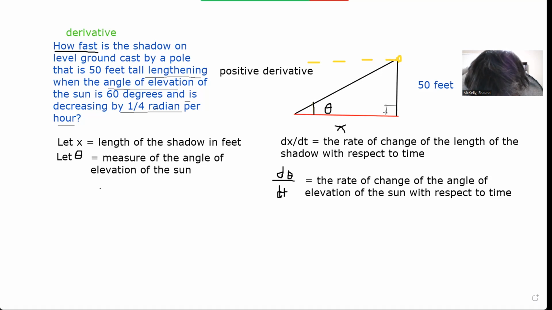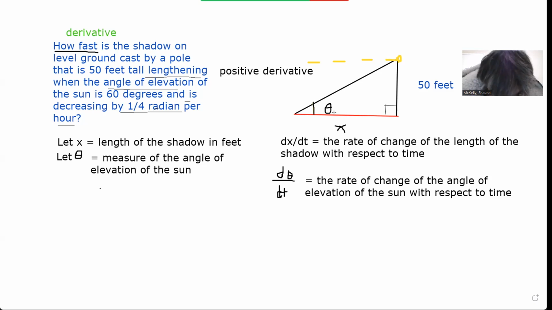Got my angle there. Now, your first thought might be Pythagorean theorem, but I don't have this length. I don't have the length that the sun is making with the ground. I don't know that. But I do have this relationship theta.